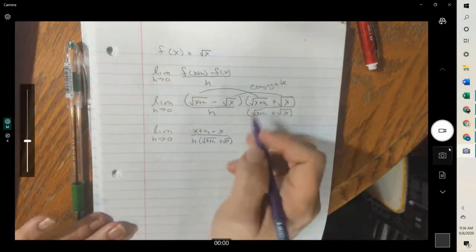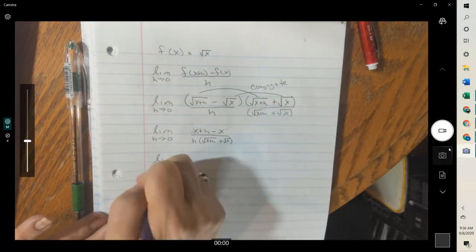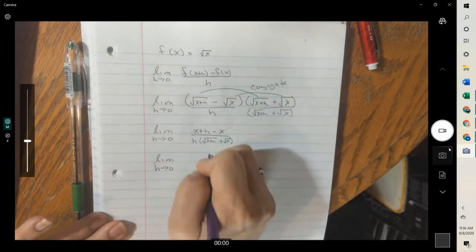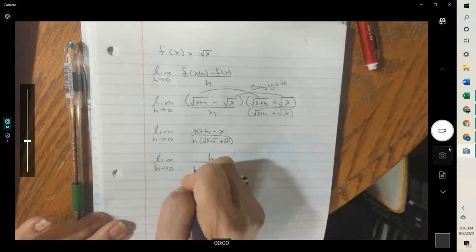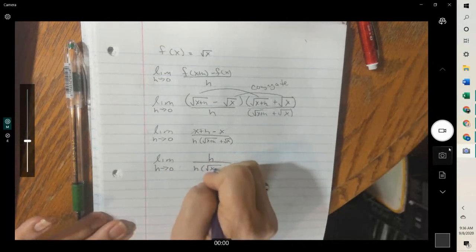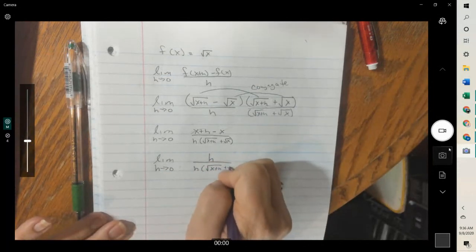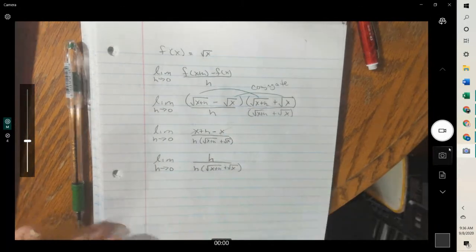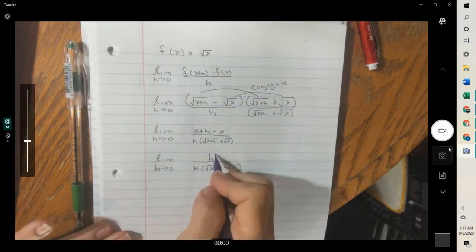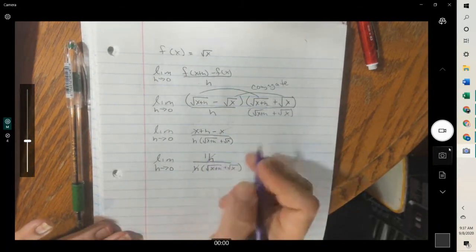Notice the x's on top cancel. Then the h's will cancel and leave a 1 on top.